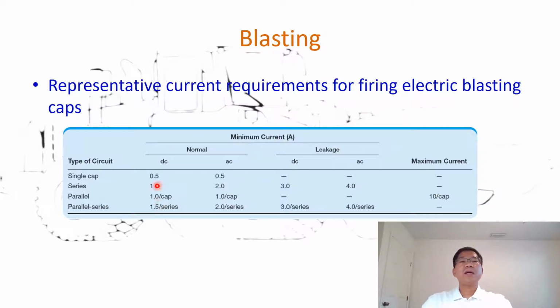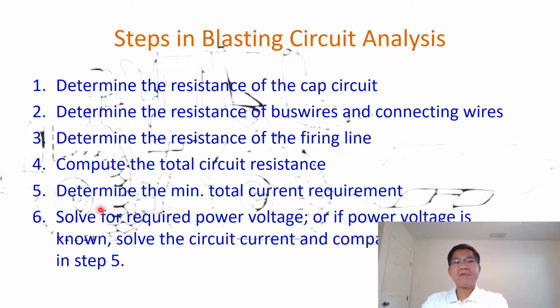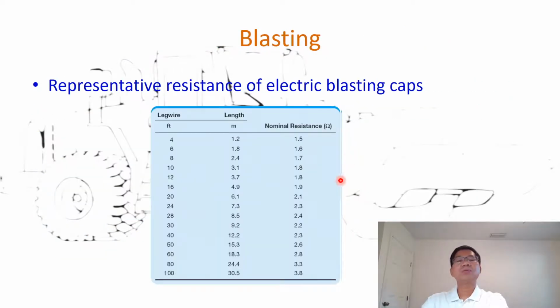With that, we have the minimum current for each series, for each cap. It is very important that we use the units they specify correctly to determine step number 5 here, the minimum total current requirement. To determine the cap circuit resistance, connecting wire, and firing line, go to table 6-6 and 6-7. This is table 6-6, representative resistance of electric blasting caps.